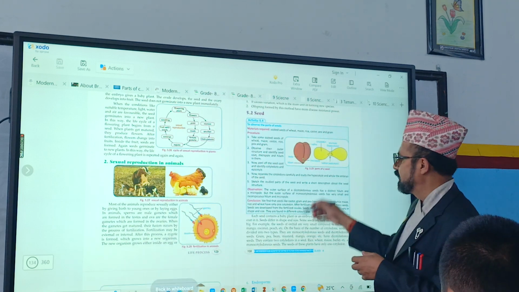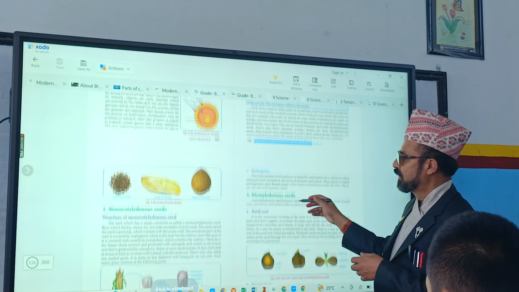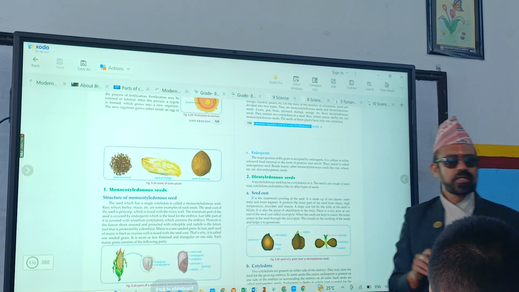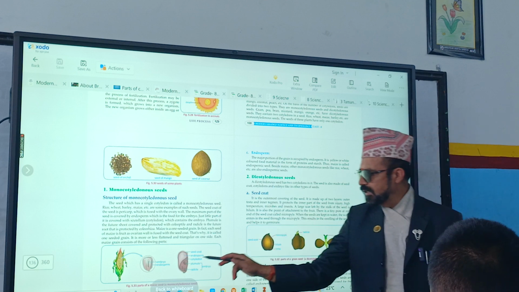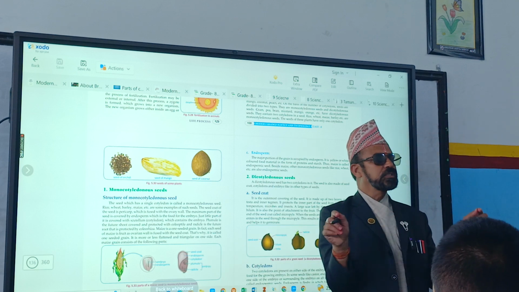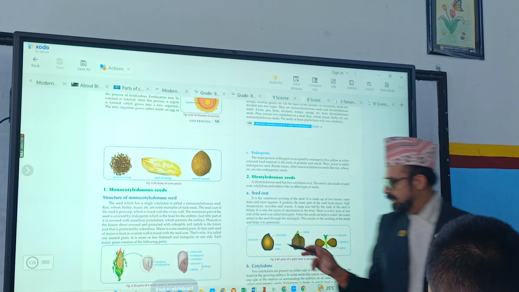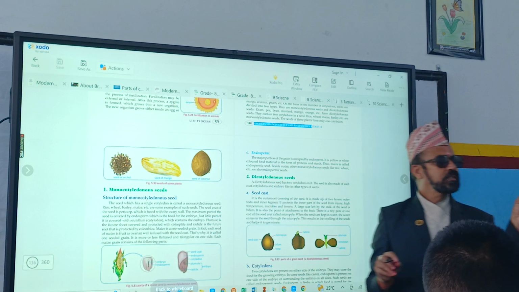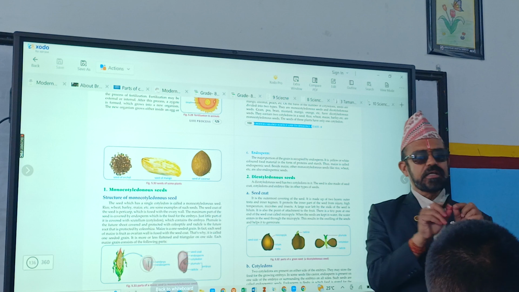Okay. So mainly there are two types of seed. What are they? Monocotyledonous seed and dicotyledonous seed. Monocotyledonous means we cannot divide this into two equal halves. Dicotyledonous means we can divide into two equal halves. You have seen rice. Can you divide rice into two equal halves?